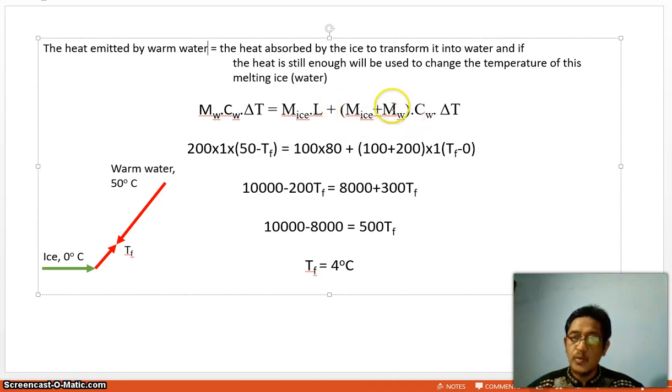This is the total mass of the water, the warm water plus the water from the melting ice: 100 plus 200 times 1 times the change of temperature, Tf minus 0. If you put all these numbers in, you end up with a final temperature of 4 degrees Celsius.